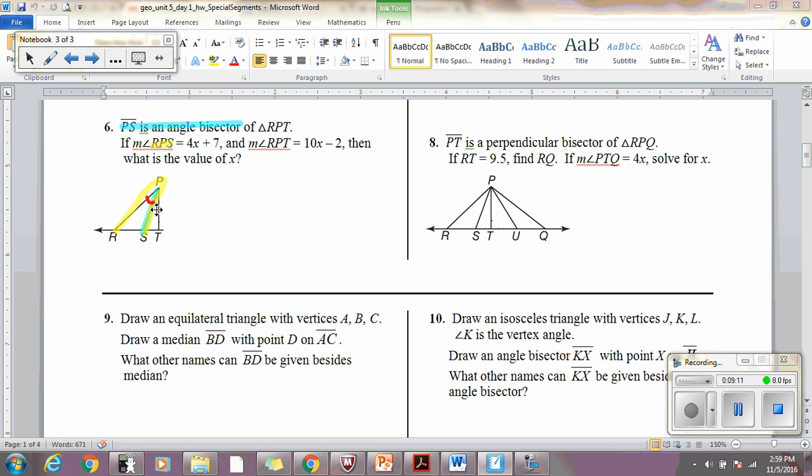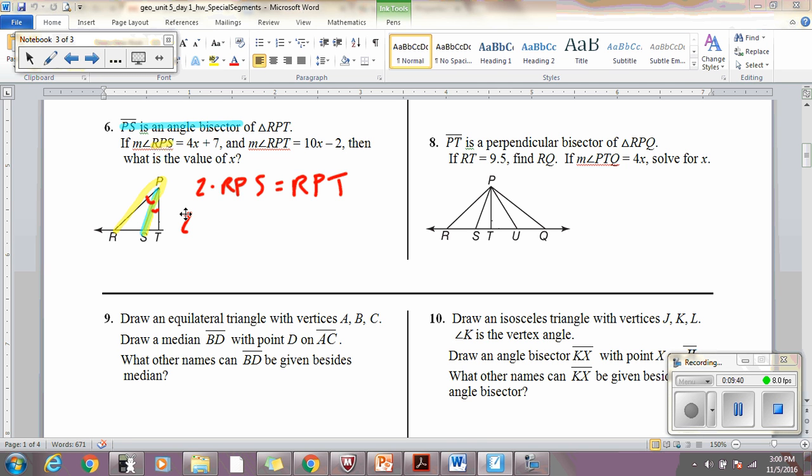So we know RPS and TPS have the same measurement. So since they have the same measurement, I can do 2 times RPS, which would give me RPT.